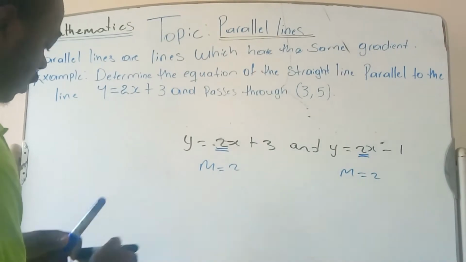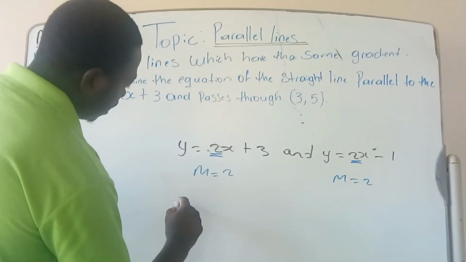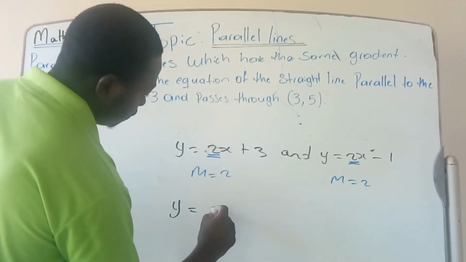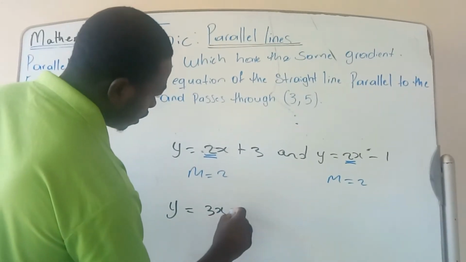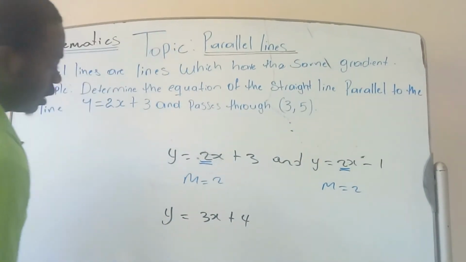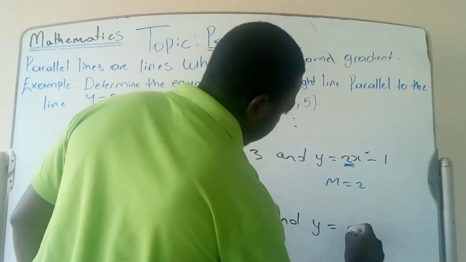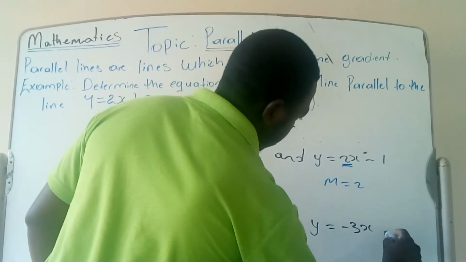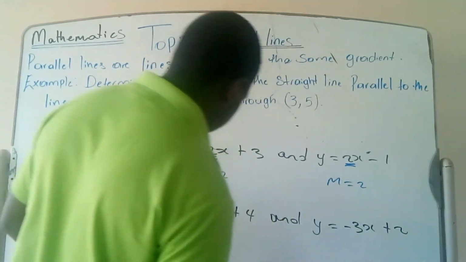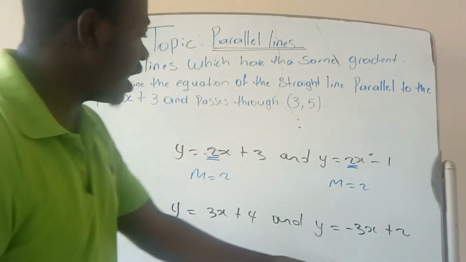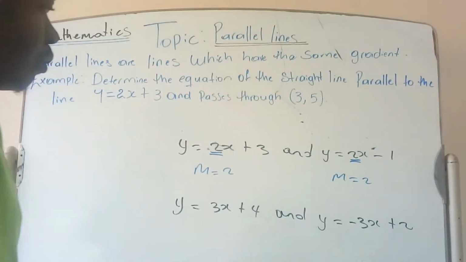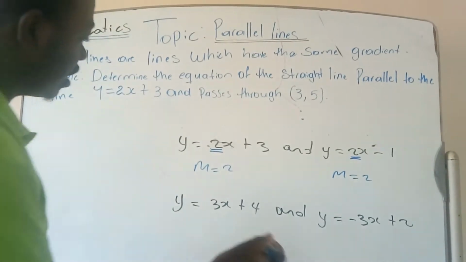Note though, if we have a line which is y equal 3x plus 4 and y equal negative 3x plus 2, then these two lines are not parallel, because clearly the gradients are not the same.